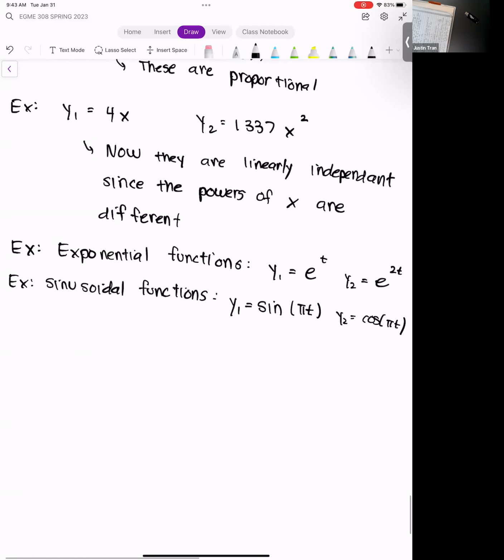A twist on this is that if you change the argument of the sine, that's also still linearly independent. Y1 is equal to sine of 2 pi t, and y2 is equal to sine of 3 pi t. These are also linearly independent from each other, because the argument inside the sine is different.